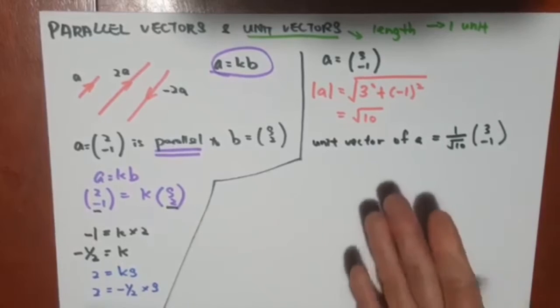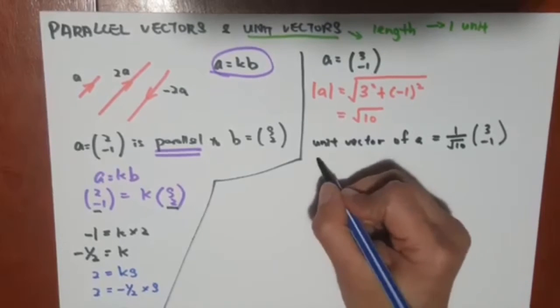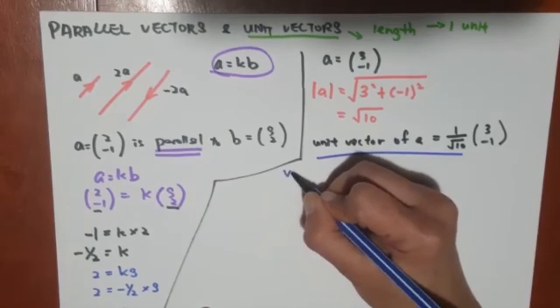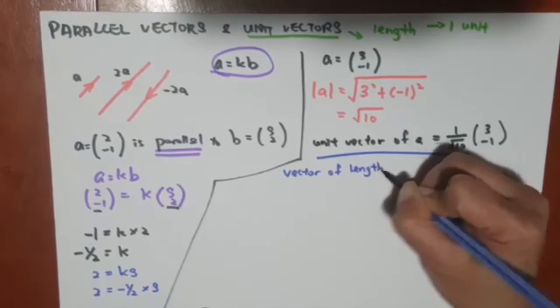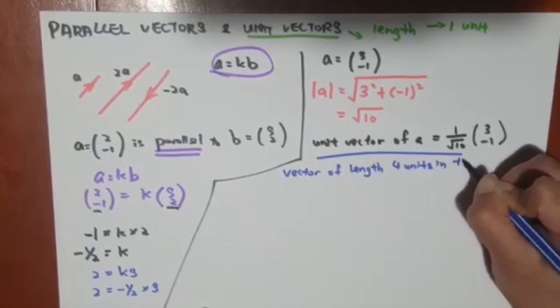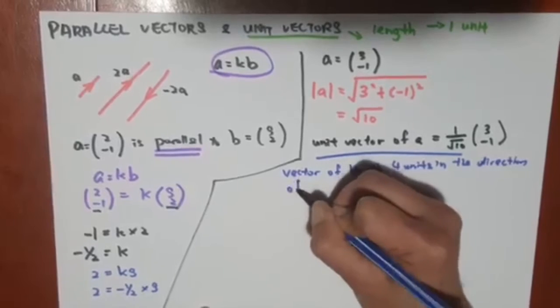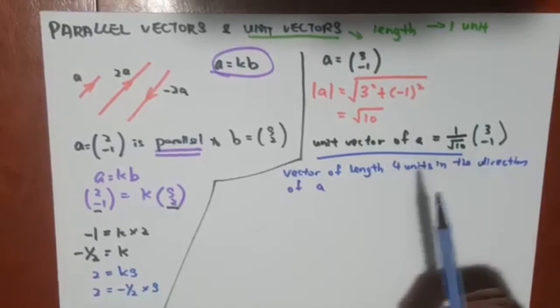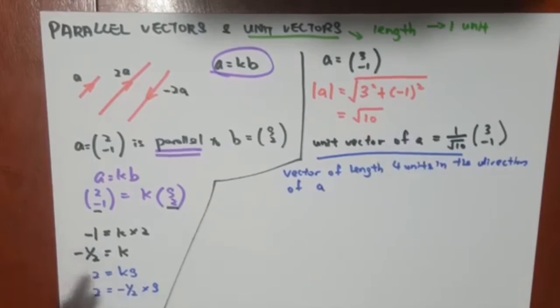If this is 1 unit, how do I find a vector of length 4 units? That's another question: a vector of length 4 units in the direction of A. I need to find a vector in the direction of A, but with length 4 units.